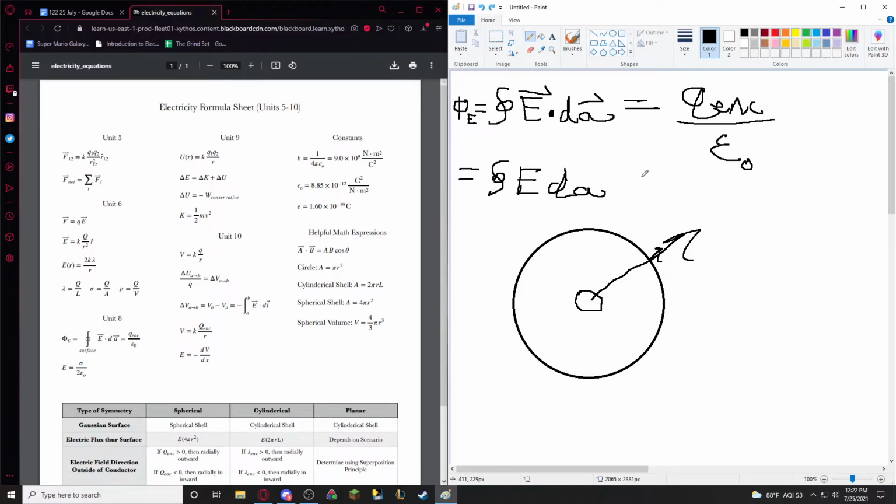Because the magnitude will be constant. Exactly. So we're able to move E outside the integral. It's still an enclosed surface integral, so I'll still draw the little circle. So E times the closed surface integral of dA. Which I believe just becomes A. Exactly. We just have the area of our Gaussian surface.